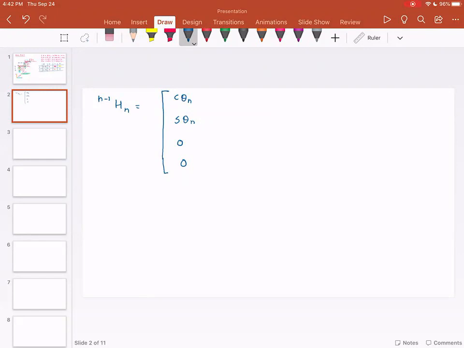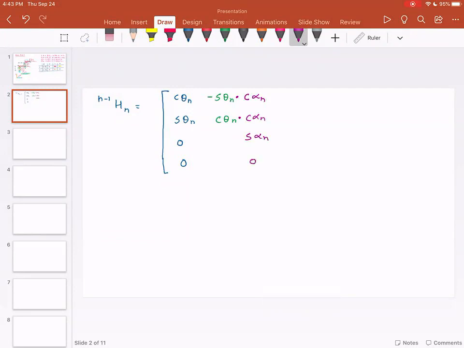The second column is something similar. So you have sine theta n, cosine theta n. Now check this out, here you have a negative sign: minus sine theta n, cosine theta n. And then you multiply these by cosine of alpha n, and you place sine of alpha n over here.